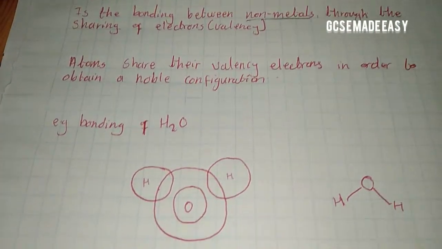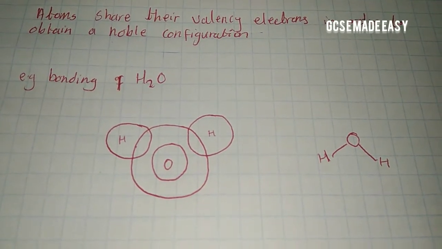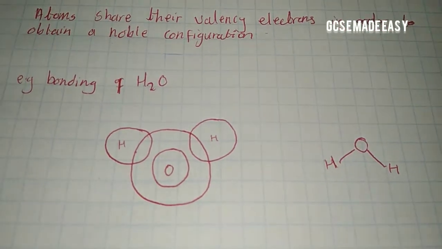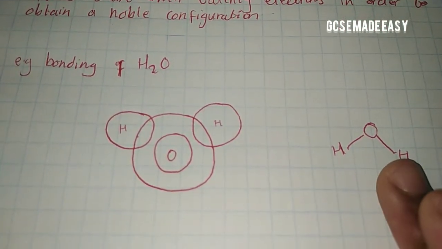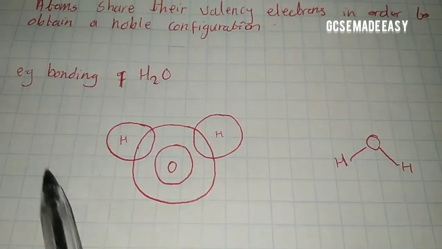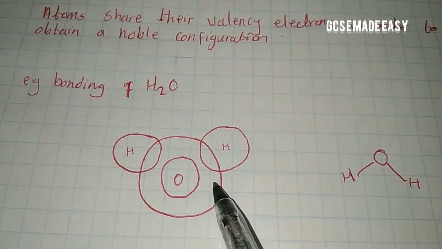Here we have an example showing the bonding between oxygen and hydrogen for the formation of H2O, which is water. Now I'm going to fill the electrons in the structure below. The bigger atom here is oxygen.